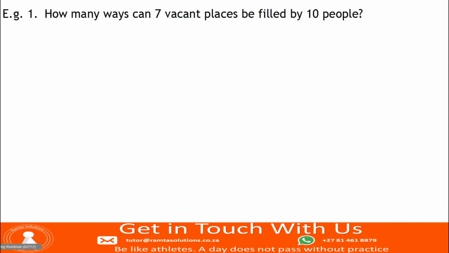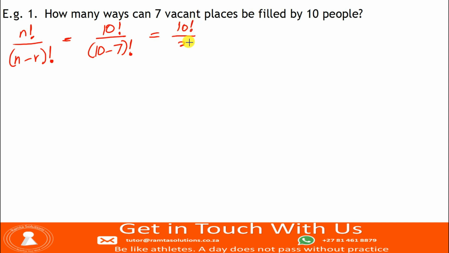Now they say, how many ways can 7 vacant places be filled by 10 people? So, using that formula, this is n factorial over open bracket n minus r close bracket factorial. There are 10 people, but we want 7. So this is 10 factorial over 3 factorial.